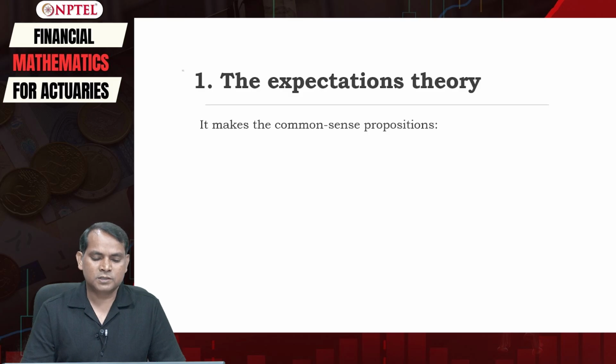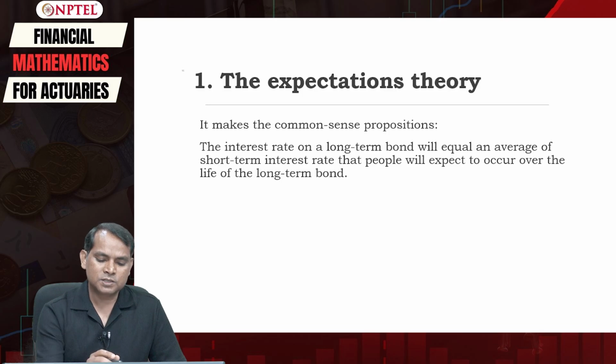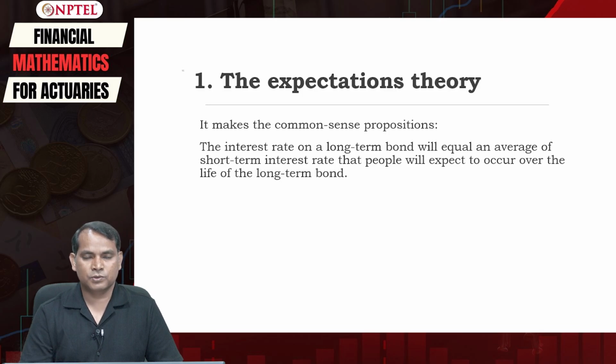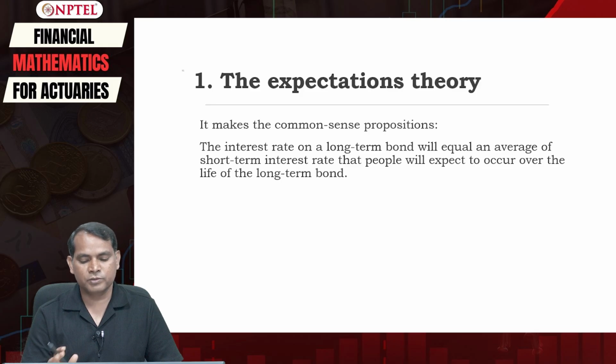It makes a common sense proposition. What is the common sense proposition here? The interest rate on a long term bond will equal an average of the short term interest rates that people expect to occur over the life of the long term bond.